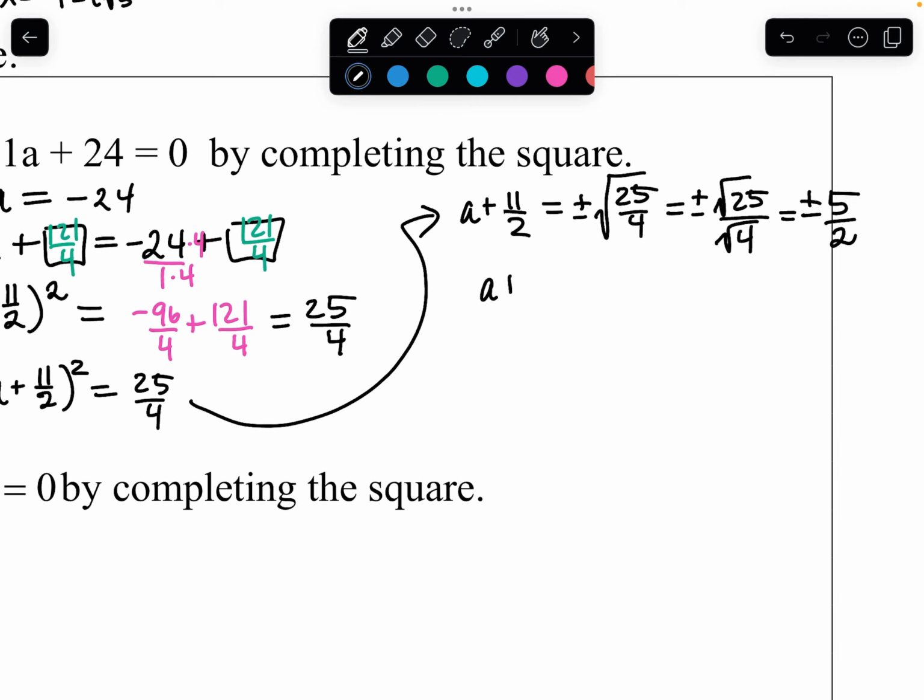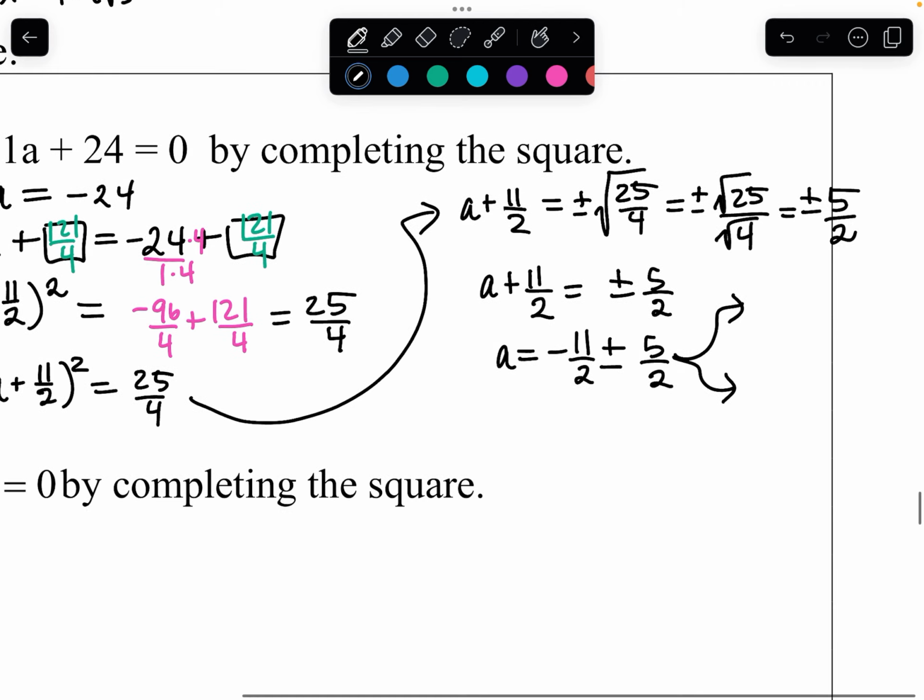Still a perfect square. And so now our last step is to move the 11 halves to the other side. And because we had a perfect square, we're going to have rational solutions. These are going to be numbers without square roots. And so one case is negative 11 halves plus 5 halves.